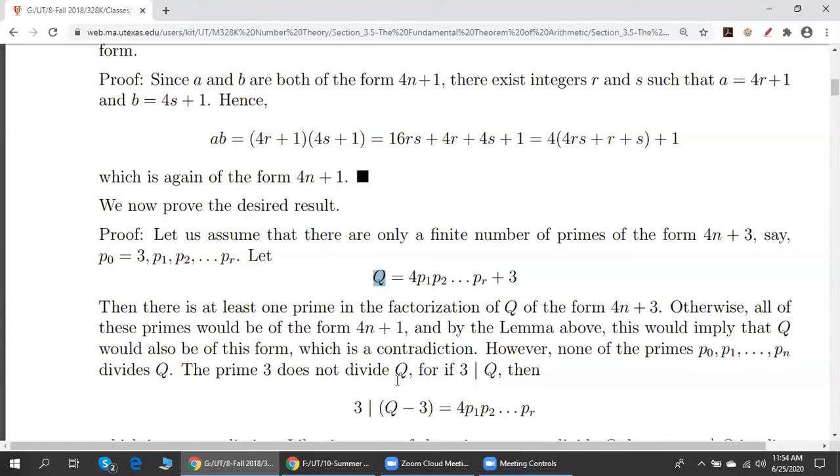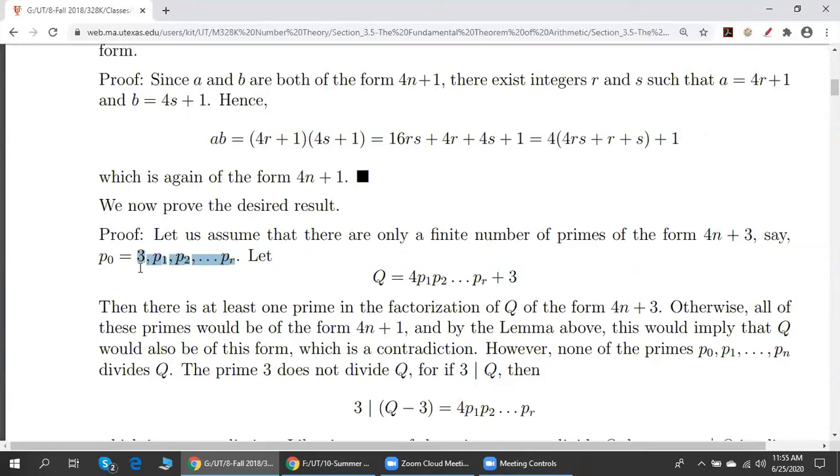Here is what we do next. So, at least one prime in the factorization of Q is of the form 4n plus 3. However, over here we have all prime numbers that are of the form 4n plus 3.